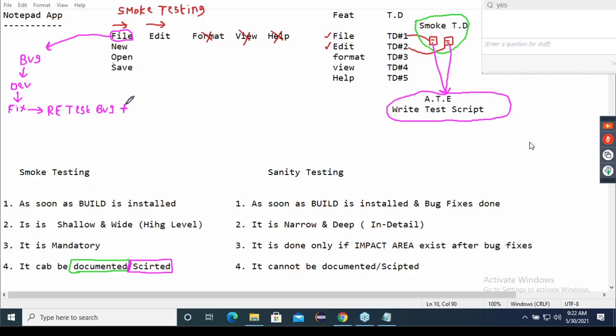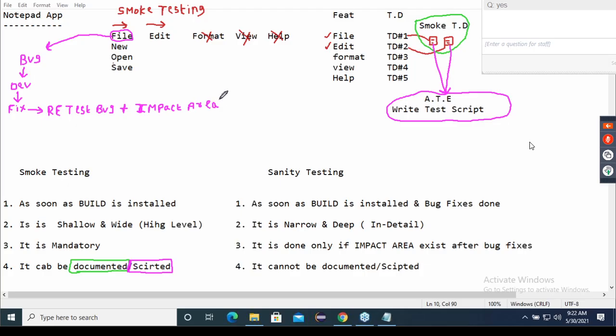Correct? Plus, he has to retest the impact area. He has to retest the bug plus the impact area. Yes or no?